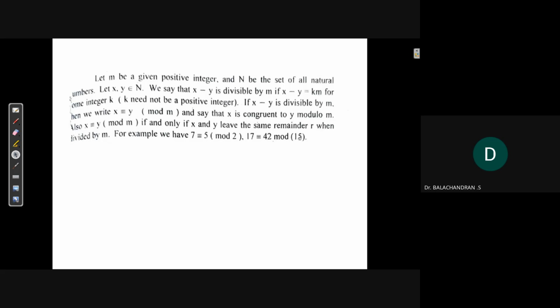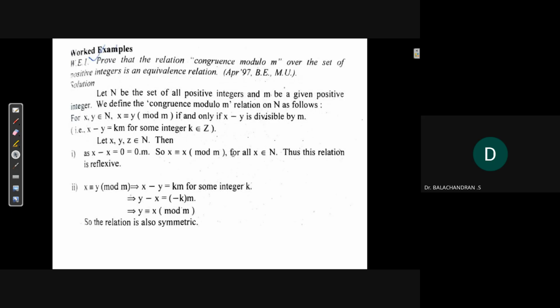Now we'll go to the problem. Prove that the relation congruence modulo m over the set of positive integers is an equivalence relation.